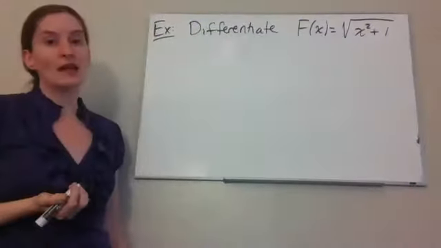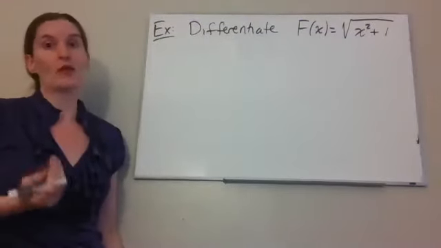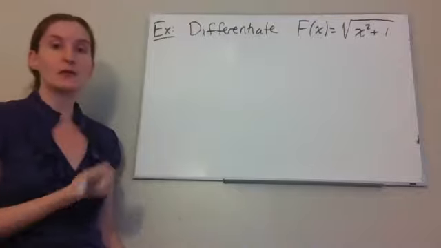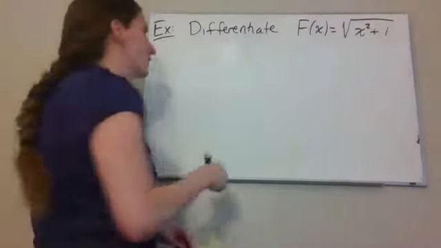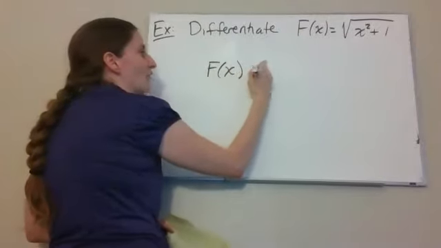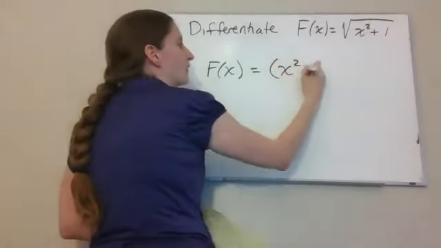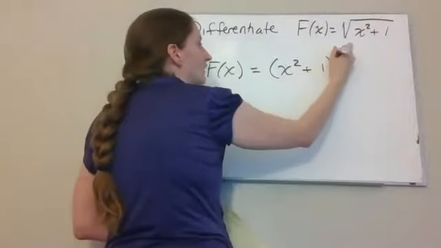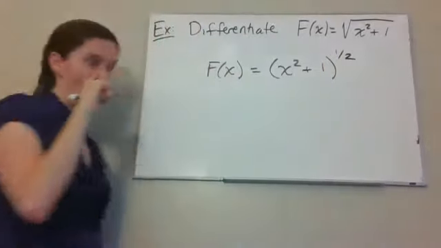And the very first thing I'm going to do is something I almost always do in calculus, is rewrite my root as an exponent. So the first thing I'm going to do is rewrite this as capital F of x equals x squared plus 1 in parentheses to the 1/2 power.